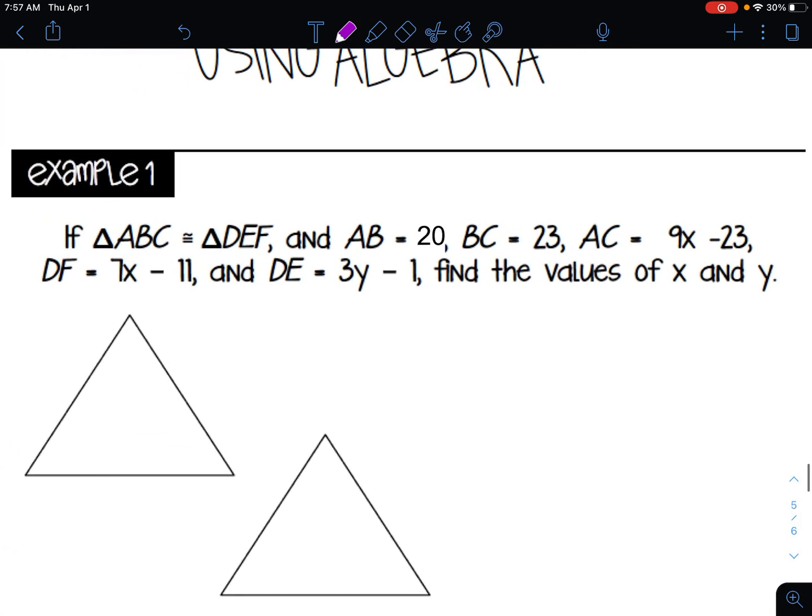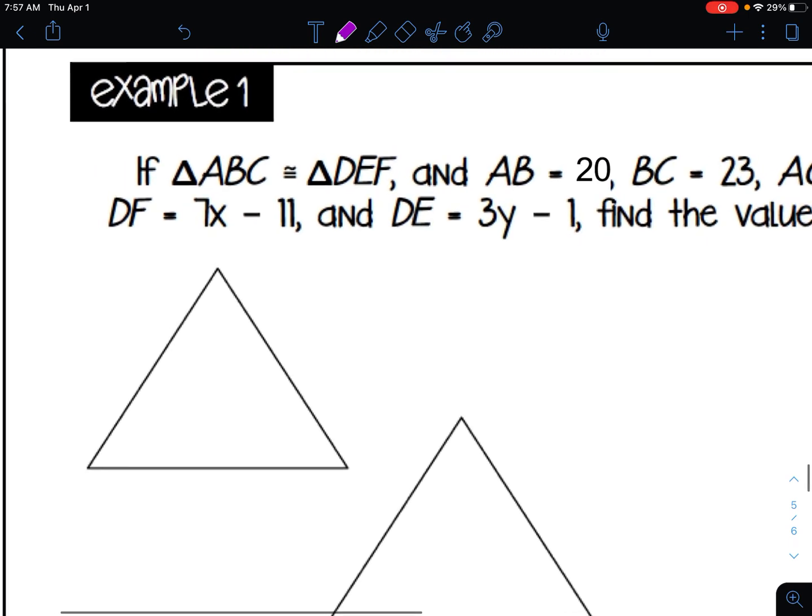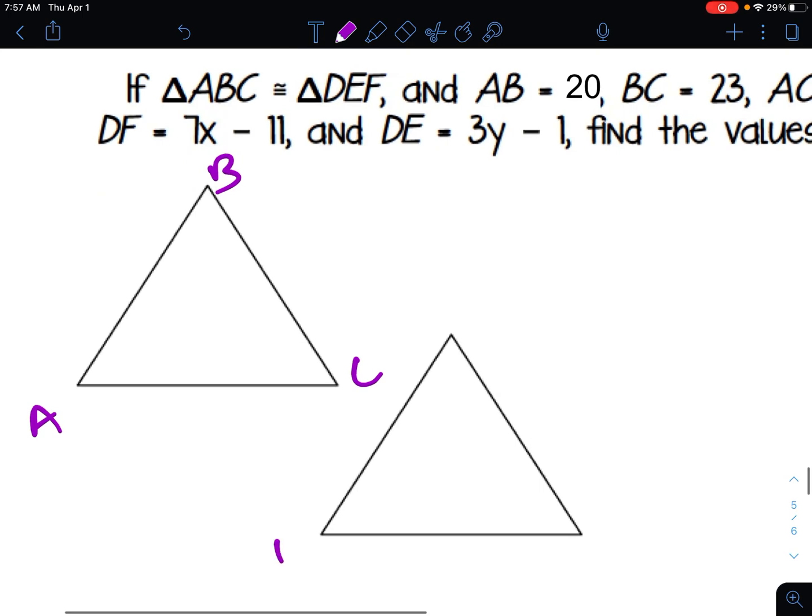Now, we're going to use some algebra. It's giving us ABC is congruent to DEF, right? That's an if-then statement. And then we have to find the values of x and y. So what I'm going to do is do ABC, DEF, and it's saying that they're congruent, right?